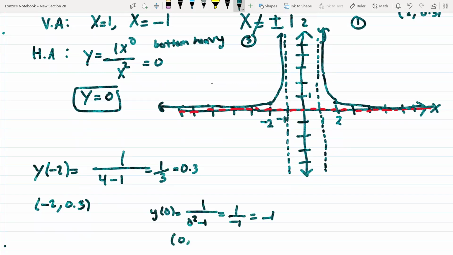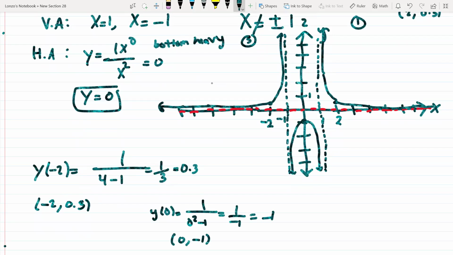So you have a coordinate at 0 comma -1. Here's 0, here's -1. I have a feeling it's just going to be a downward parabola like this, because I know it won't cross the green dashed line, and I know it won't cross the red dashed line, so it has to be concave down.